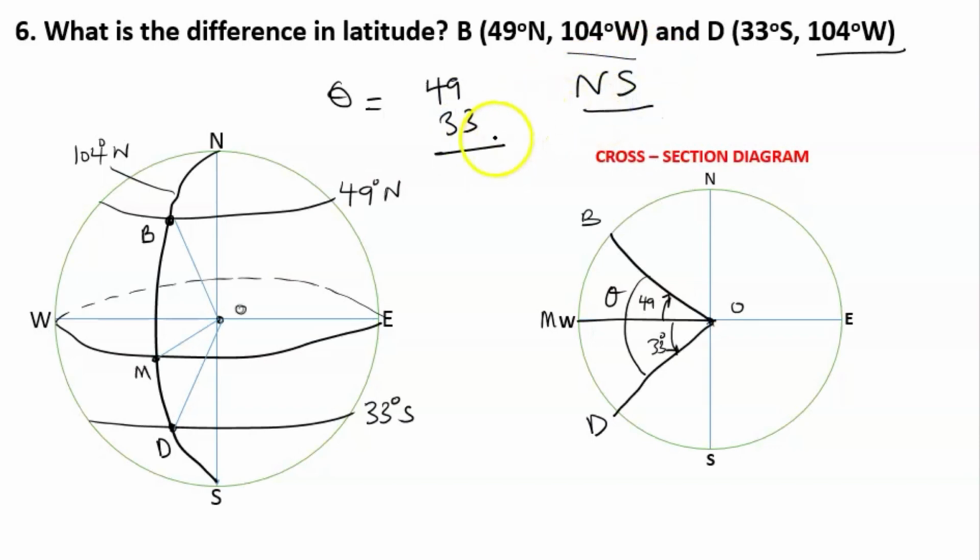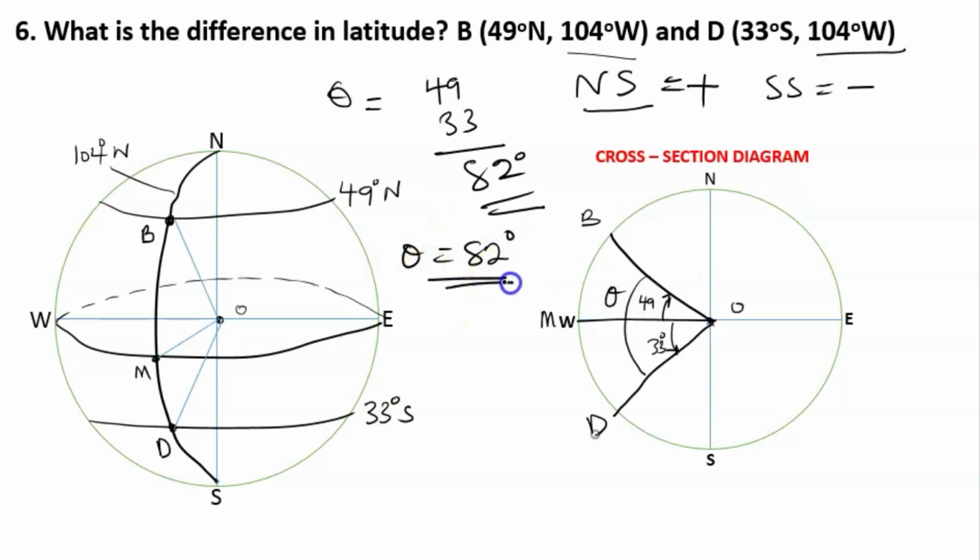So when we have different directions, from our code, we say you add. When the direction is the same, you subtract. So when we do this, that is 82 degrees. In other words, our theta is going to be 82 degrees. So this will be the difference in latitude. I believe we are understanding it. Please, this is very important.